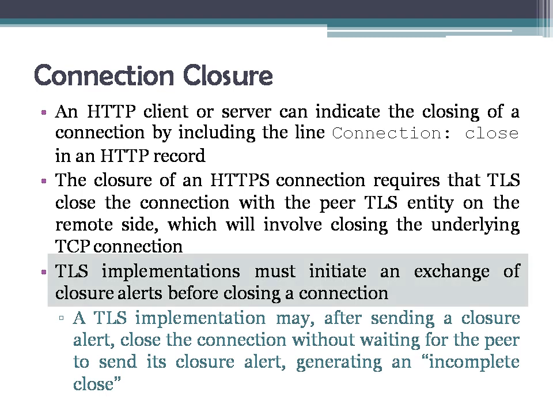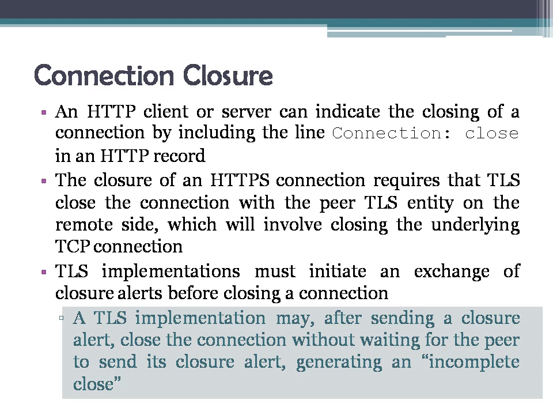Also, the TLS implementations must initiate an exchange of closure alerts before closing a connection. However, a TLS implementation may, after sending a closure alert, close the connection without waiting for the peer to send its closure alert, generating an incomplete close.